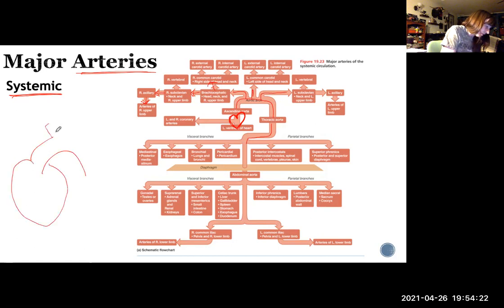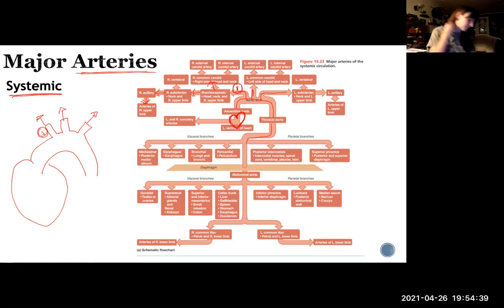Remember, the aorta goes up and over the heart, and you've got those 3 tubes, right, in a human. Remember, we saw these last week. This one is the brachiocephalic artery or trunk. This one becomes the left carotid, and this one is the left subclavian.